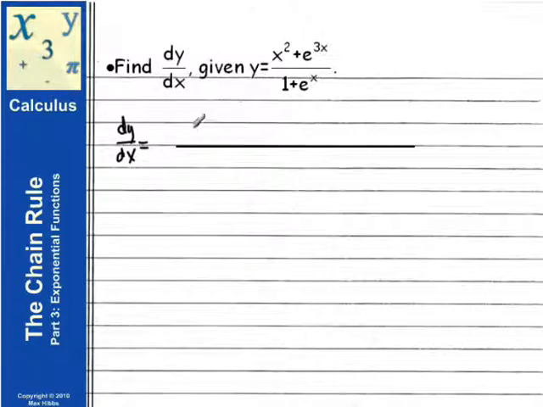So what do we do? We take the denominator, which is 1 plus e to the x, and we multiply that with the derivative of the numerator. Since it's pretty complicated, I'm going to just write "derivative of numerator."